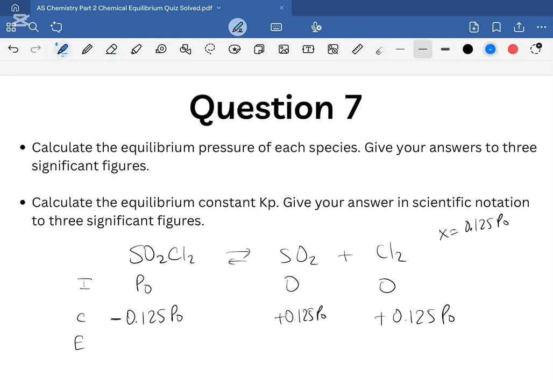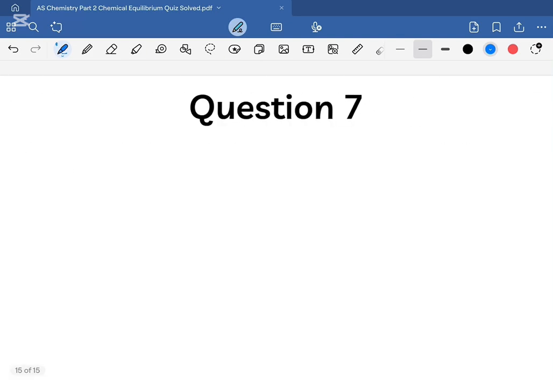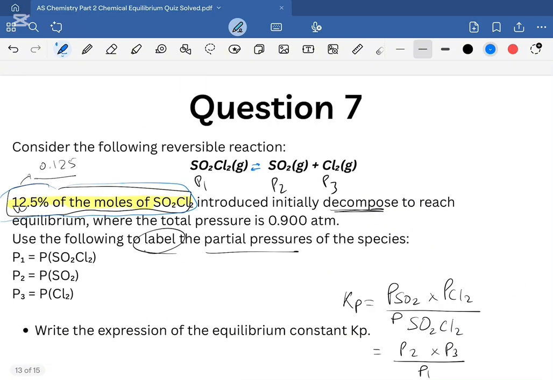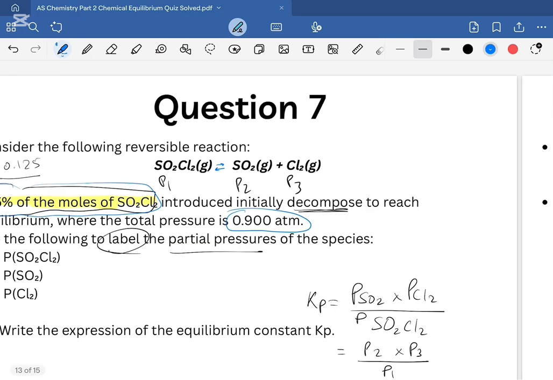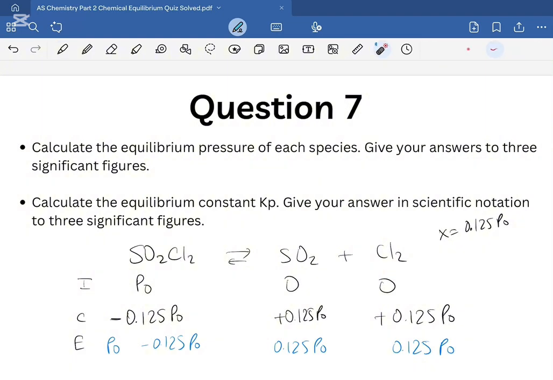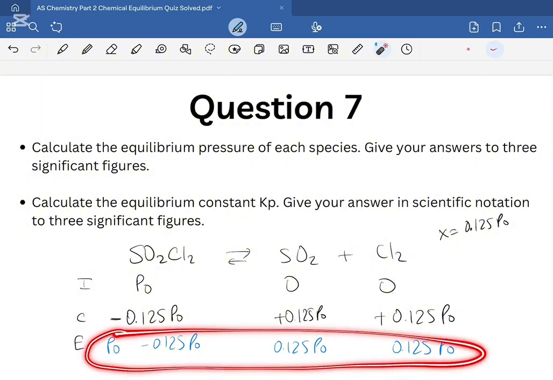So let's solve this ICE table. I'm going to put the values over here. It's going to be P0 minus 0.125 P0, then 0.125 P0, and here 0.125 P0. Since they said that the total pressure is 0.9, I have to find the initial pressure, so I'm going to add all of these values and make them equal to the equilibrium pressure that was given, which is 0.9.